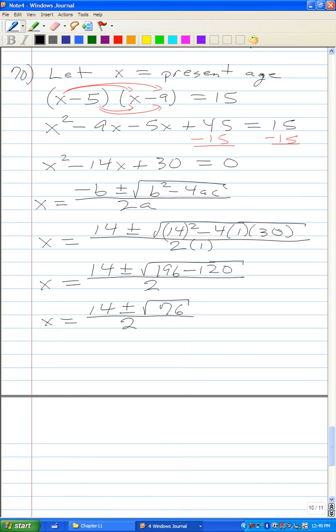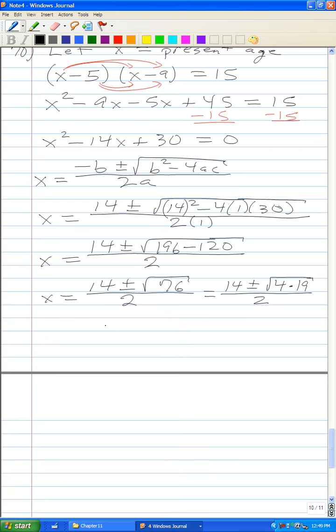Let me write 76 as the product of 4 and 19, the product of a perfect square. And so 4 is the largest perfect square factor of 76. So x is equal to 14 plus or minus the square root of 4, which is 2. Let me factor out a 2 for the numerator.